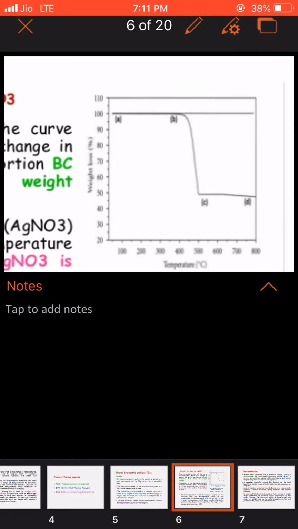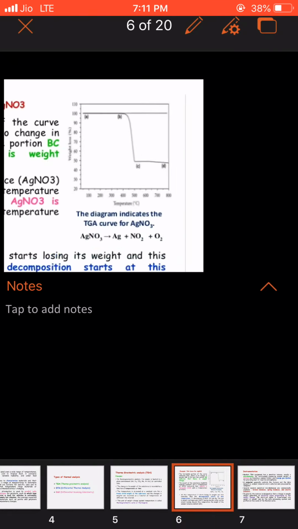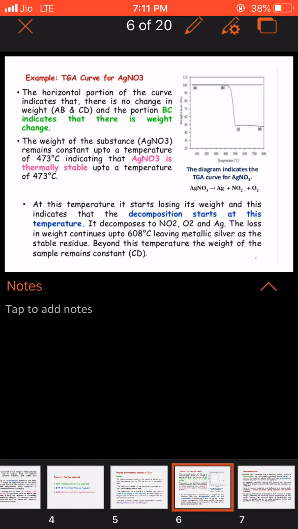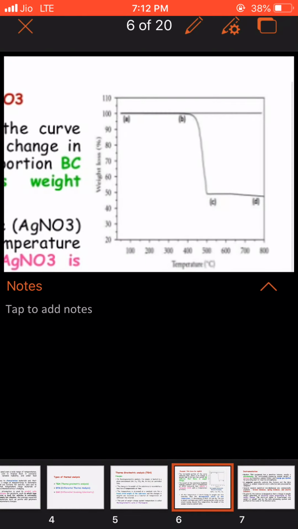So as you go on increasing temperature, what is happening after B? From B to C, there is a deep dip in the thermogravimetric curve. So this B to C indicates that there is a large weight change, which is weight loss here. Initially at A, let us assume the material's weight is 100%, but from B to C, it has dropped to 50%.